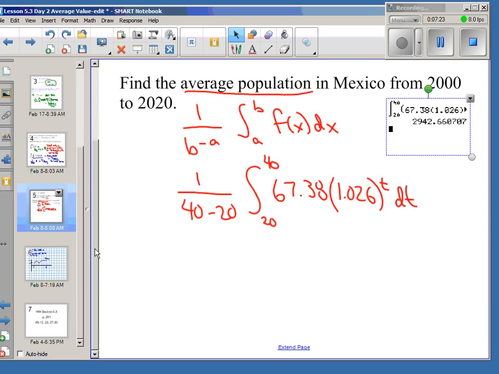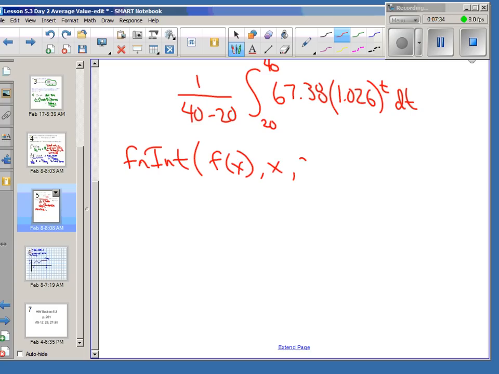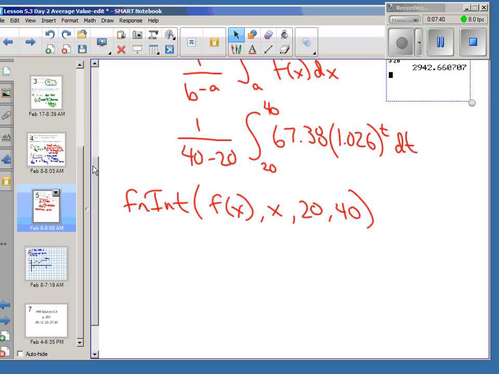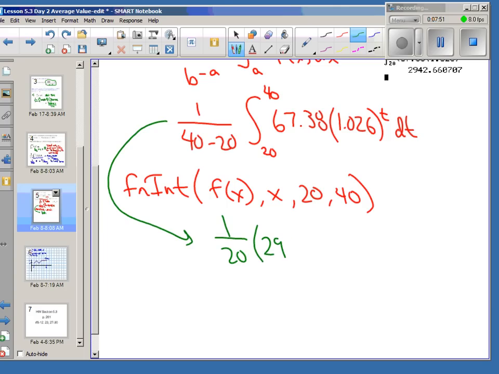If you're using fn int when you type this in, what you should have is fn int, your function, comma x, comma 20, comma 40. And that should give you the value for our integral. So if we bring this down here, we end up with 1 over 20 times 2,942.66.